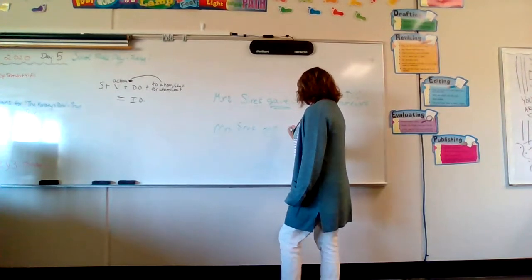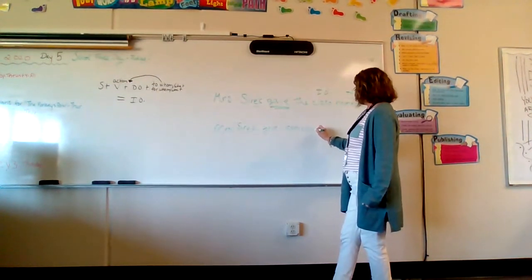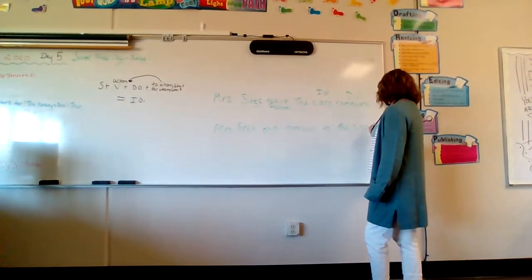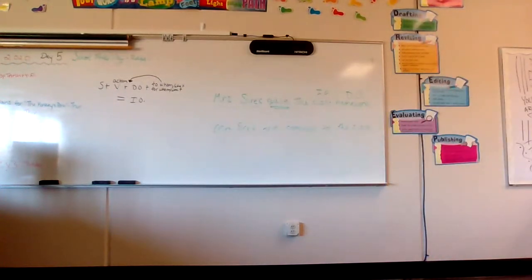Mrs. Sirik gave homework to the class. Does that make sense? Is that a good sentence? Yeah, it is. It's perfectly grammatically correct. It's just a different way to say it, right?